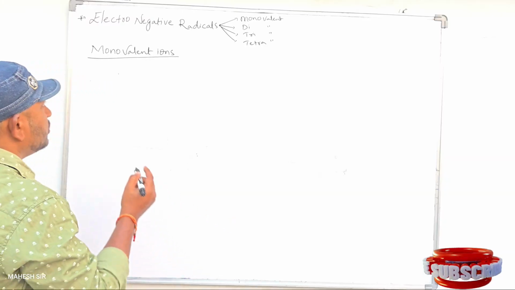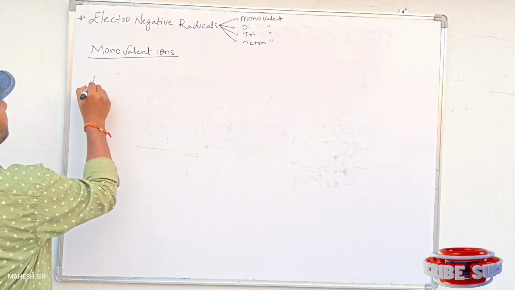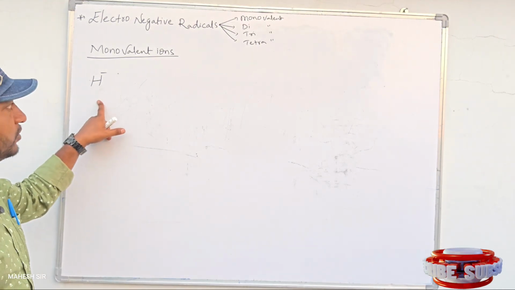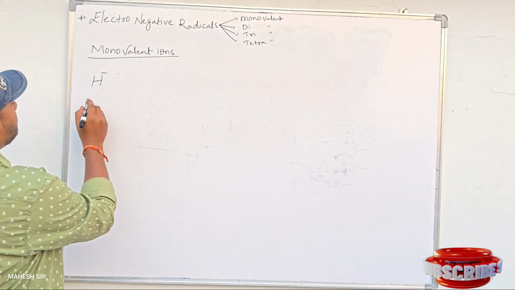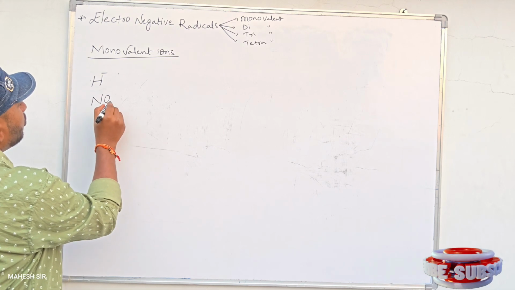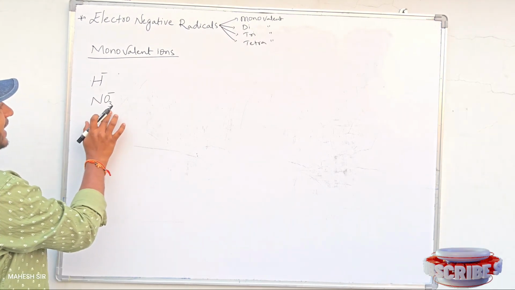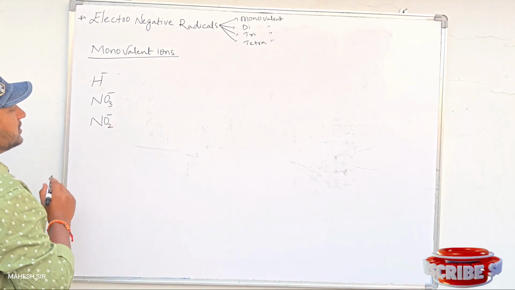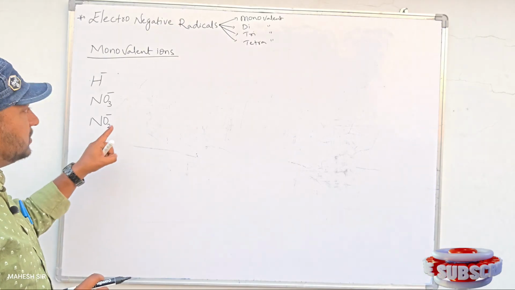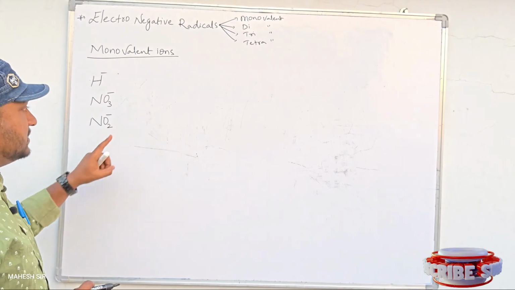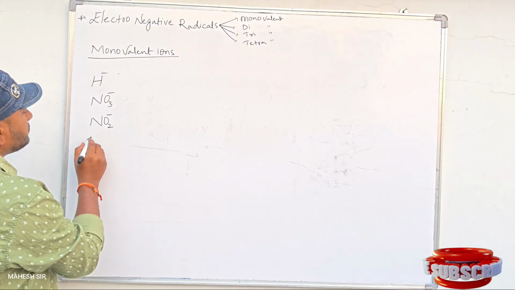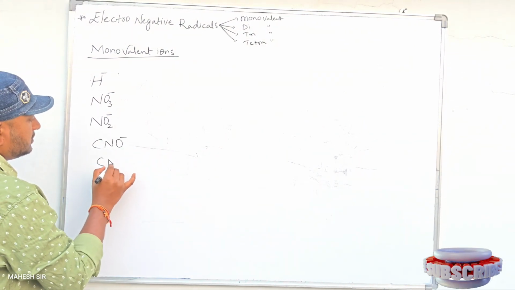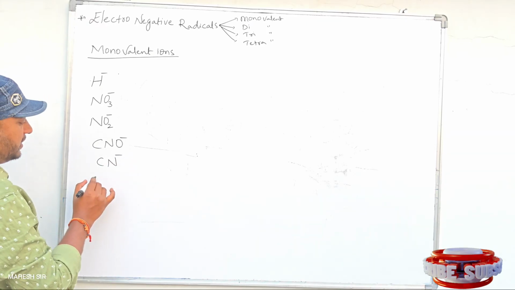If the electron is gained by this hydrogen, we can call it a hydride. Okay, hydride. The next one, nitrate, NO3 minus, and NO2 minus, this is the nitrite, and another one, CN minus, cyanide.